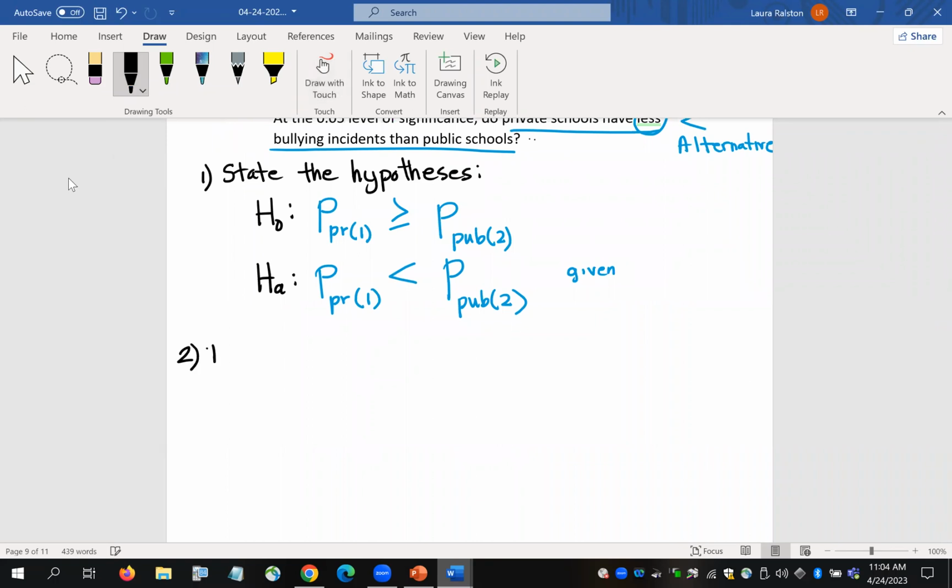Then we want to identify the players. So again, we need P prime, which is the number of events or successes.